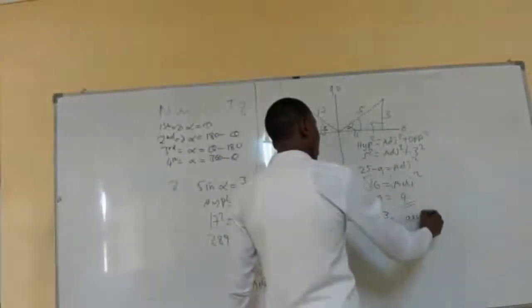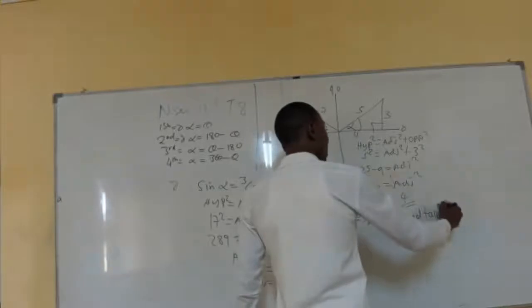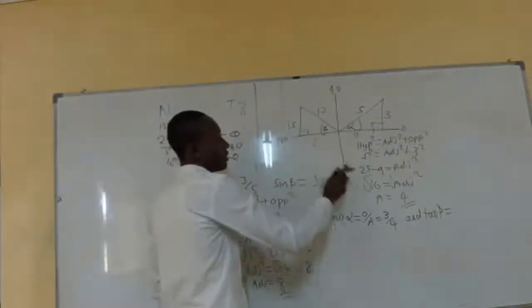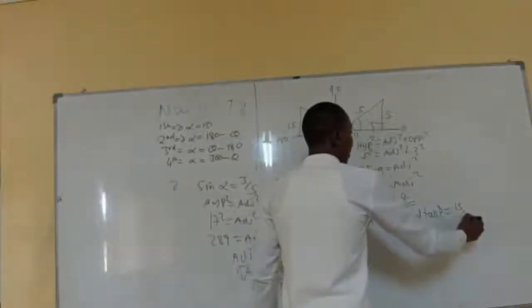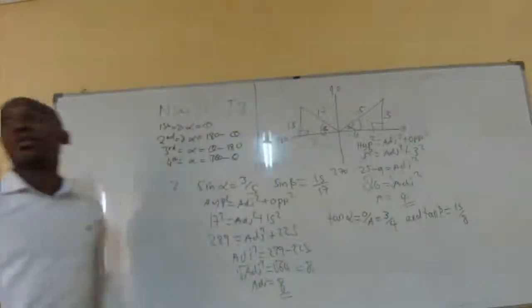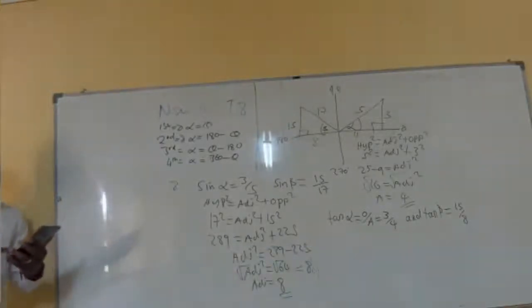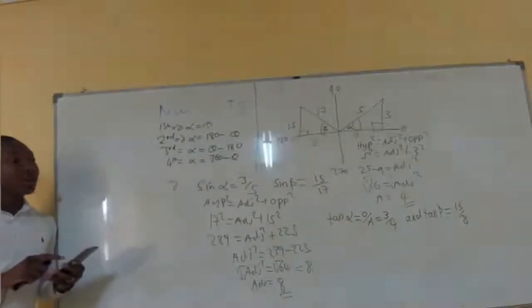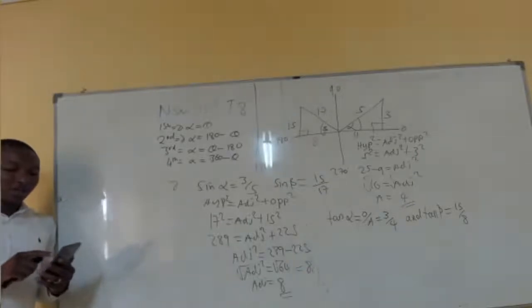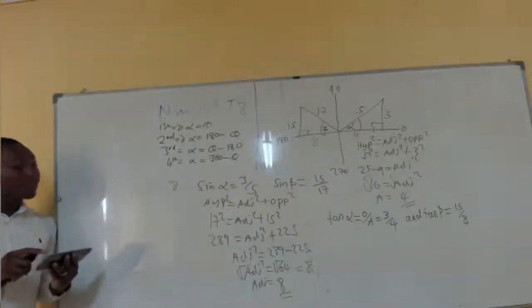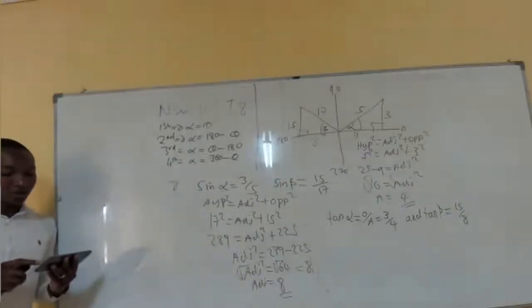And tan beta: the opposite in this case is 15 and the adjacent is 8. So tan alpha is 3 over 4, and on the other side it's 15 over 8.